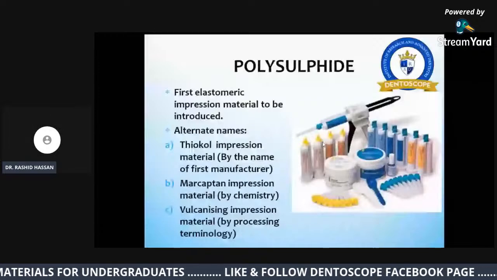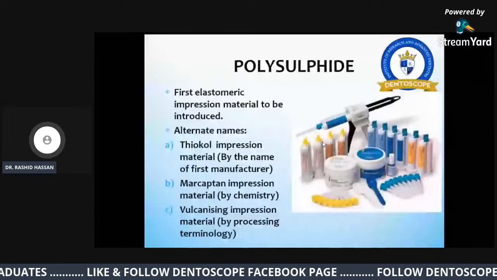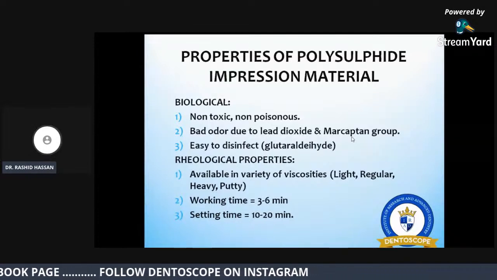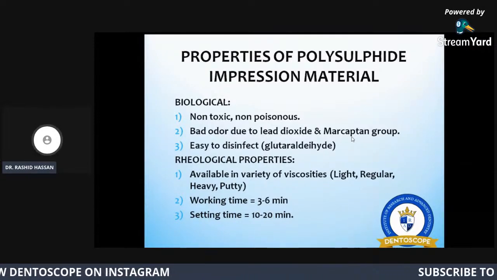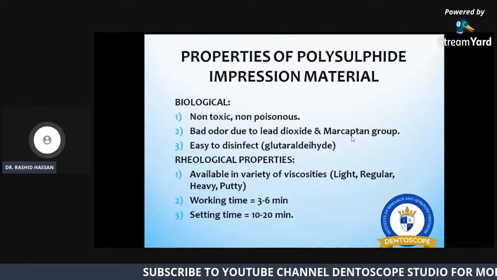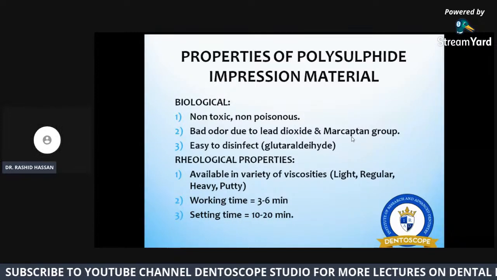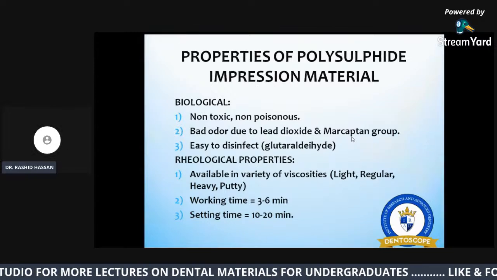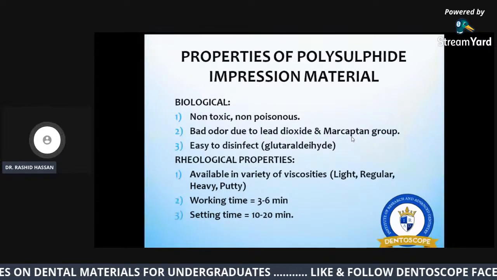So, next. Now let's talk about the general properties of the polysulfide impression material. I'll quickly go through each one of them and try to explain them to you in an easy way. The first one is the biological properties.